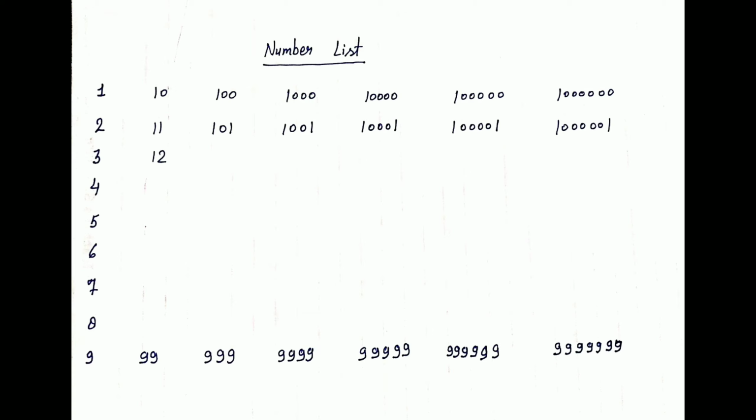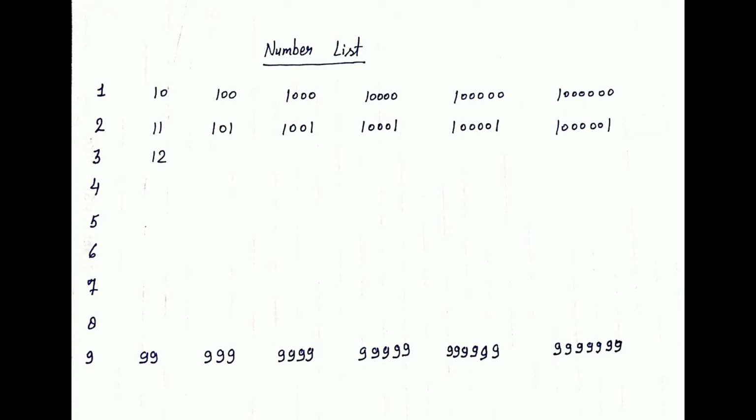Now look at this table. We have a certain observation. If I ask you which is the largest 2-digit number, what would you say? The largest 2-digit number will definitely be 99, because after 99 you have a 3-digit number.